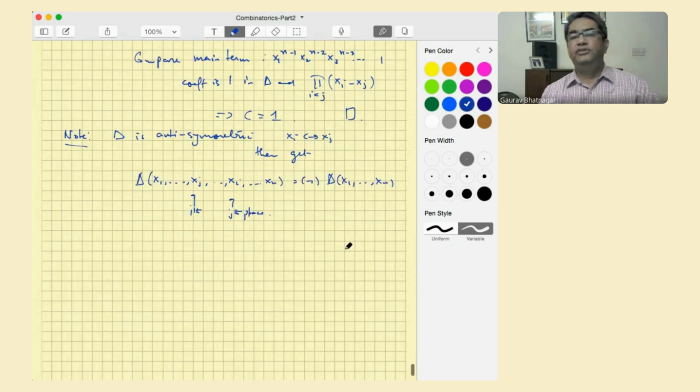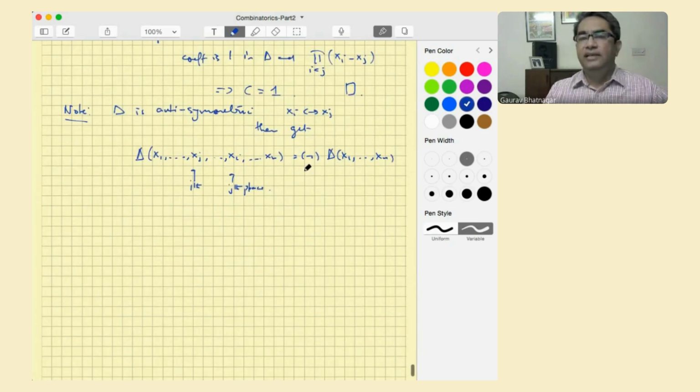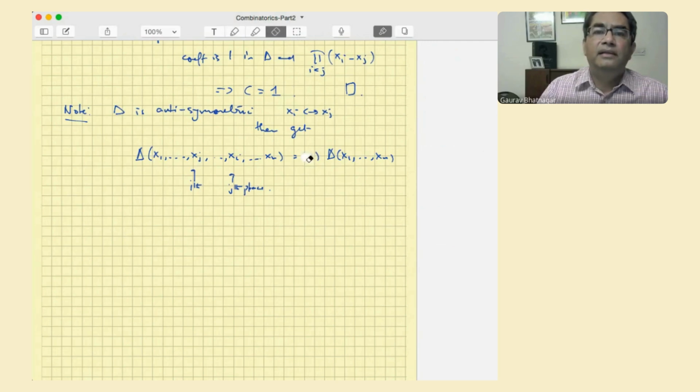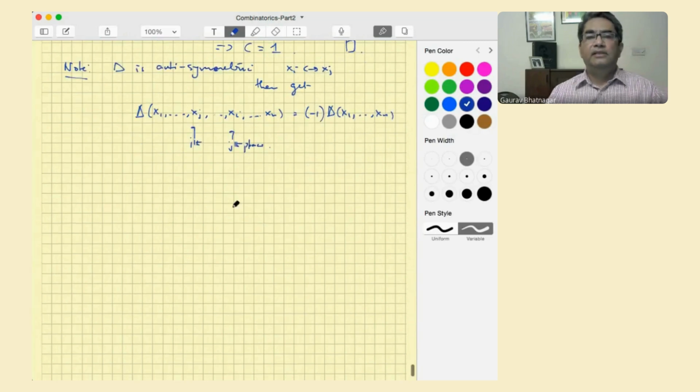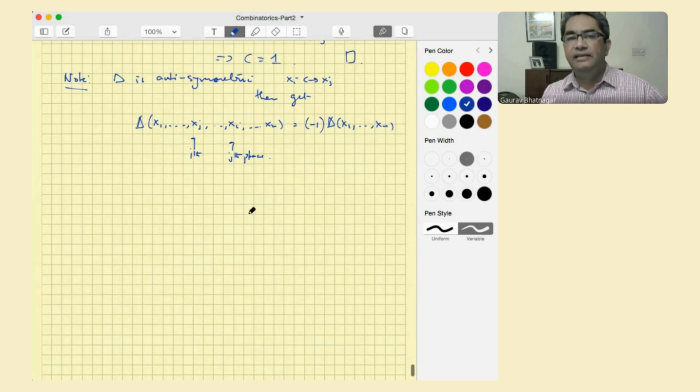So if you interchange two xi's, then you get a minus sign outside. And this is because it's a determinant. So this is not symmetric, this is anti-symmetric.